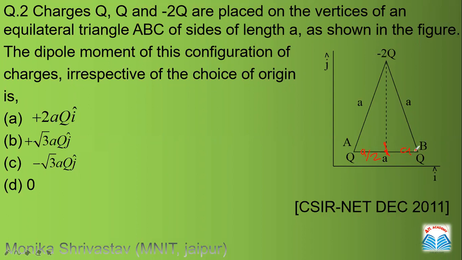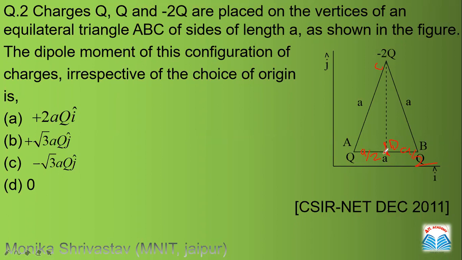Let us say the triangle is ABC. We have this point as D, and this point as C. So I am choosing point D as my origin.